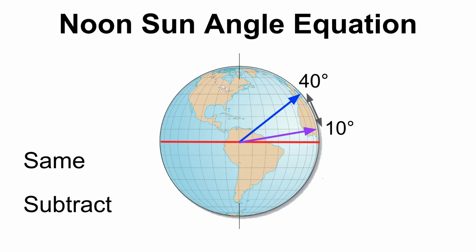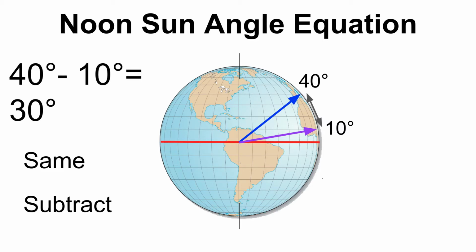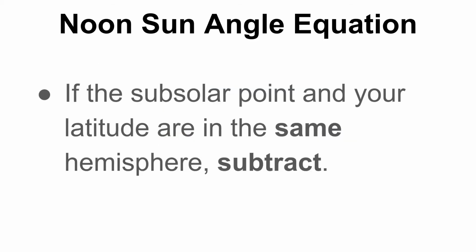Equinox, equator. Summer solstice, same, subtract. If they're in the same hemisphere, you subtract the smaller from the larger because you just want the difference between them. In this case, the difference between 40 degrees and 10 degrees is 30 degrees. Ta-da!